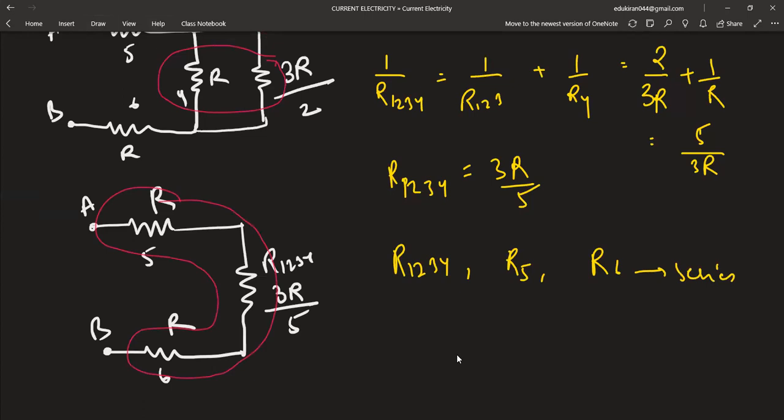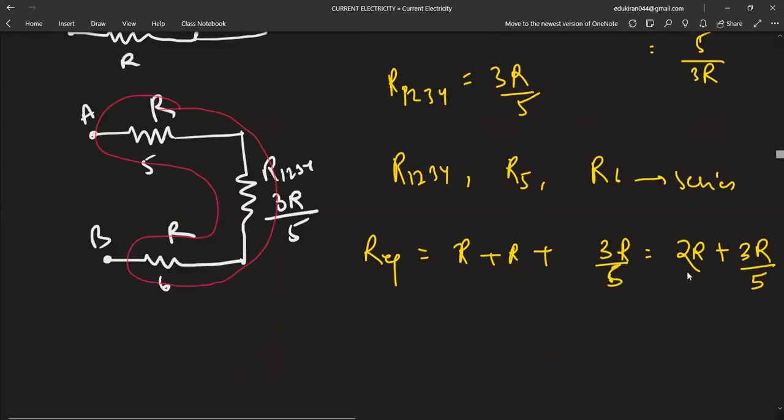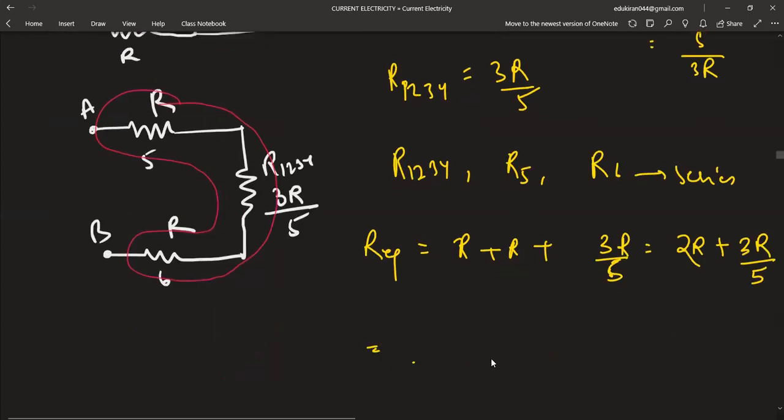Now instead of R123456, we have the final equivalent resistance, where this is R plus R, which is 2R, plus 3R by 5.